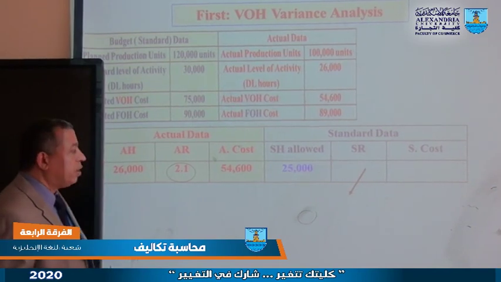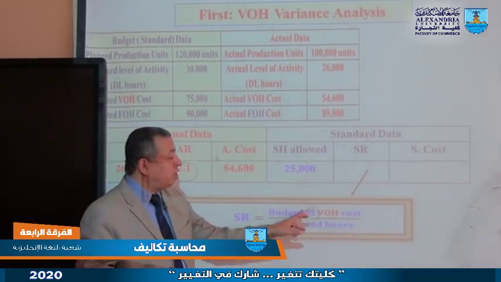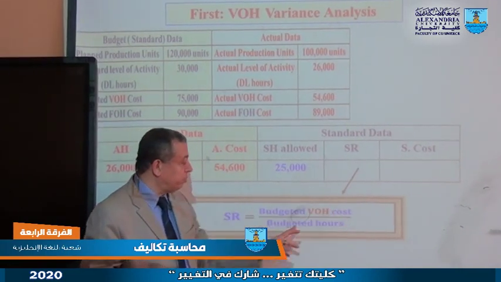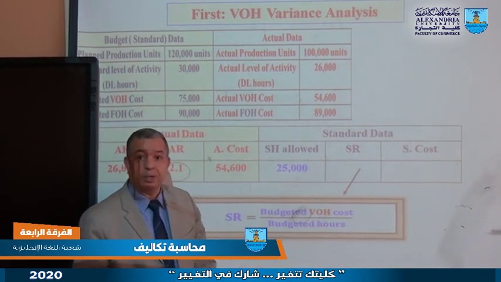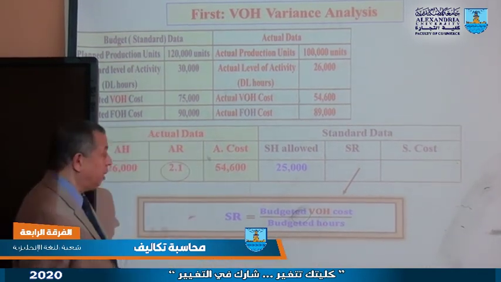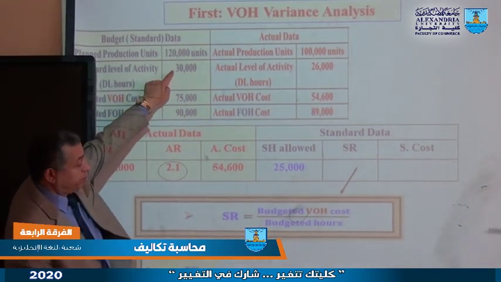How to calculate rate of hours? Here I have an equation also. Budgeted variable overhead cost divided by budgeted hours. Here I have the cost and I have the hours.